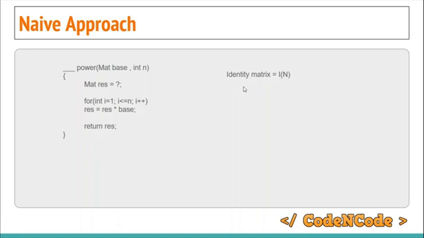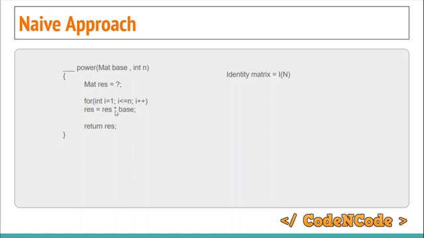If you have studied matrix algebra in secondary school, you might know about the identity matrix. It is a square matrix of size n cross n, where all the diagonal elements are 1 and the rest are 0. It is called identity matrix because, as already explained, an identity element is the one which does not affect any element x when applied with a certain operator.